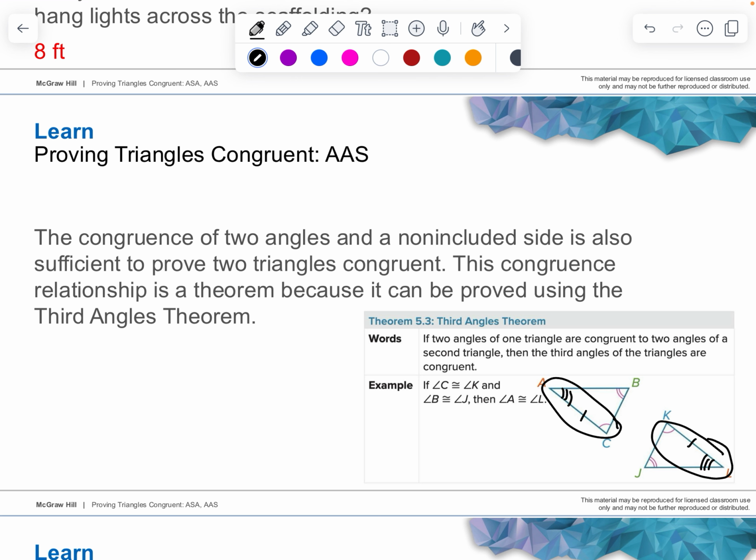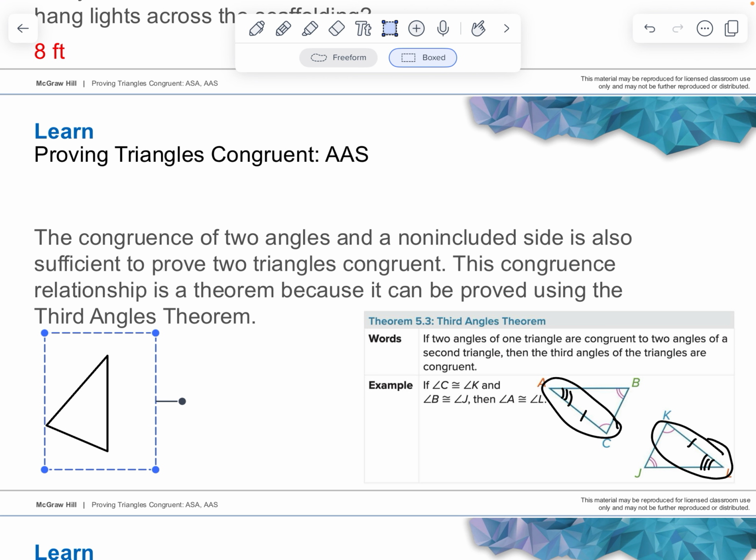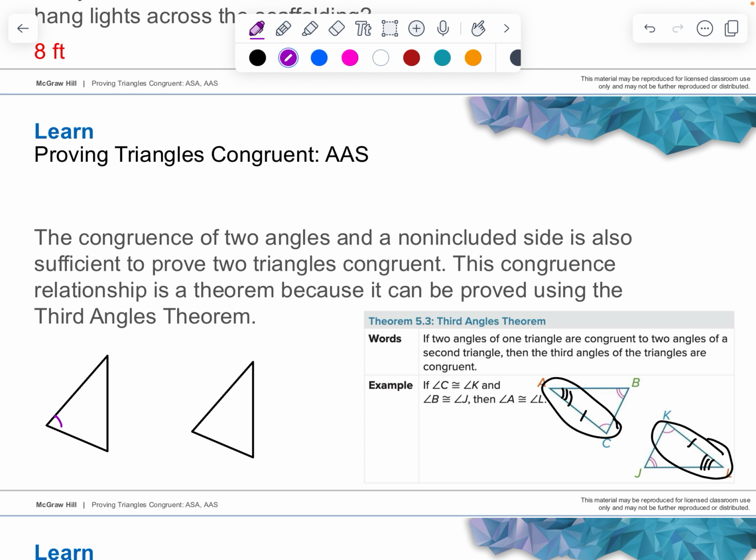Does that make sense? So if we have, there we go. Copy, paste. And I'm going to grab this. So we've got angle and another angle, and a non-included side. That's angle angle side.